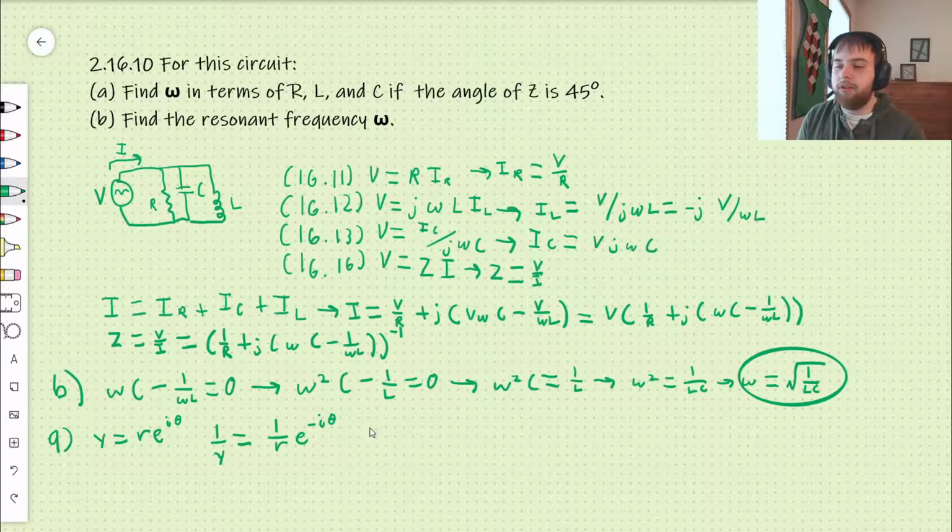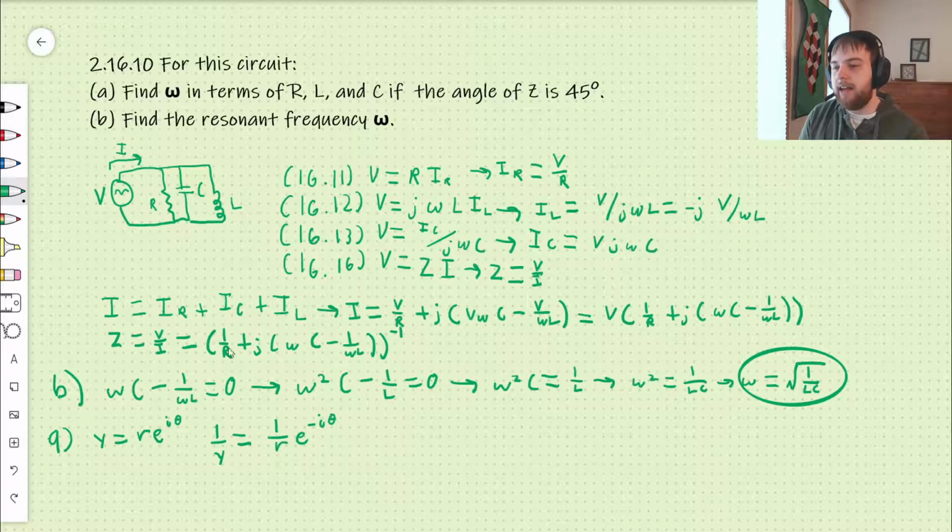And the part that is important to us is that the inverse of a complex number has the opposite angle. So if we want our z to have an angle of 45 degrees, then we want our inverse here to have an angle of negative 45 degrees.